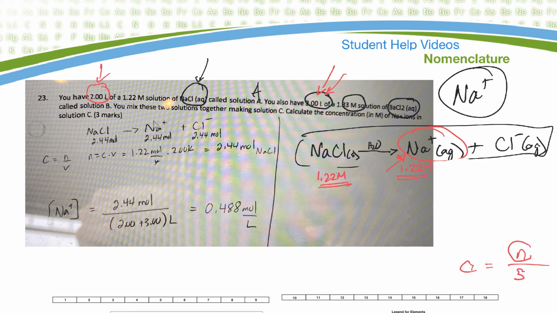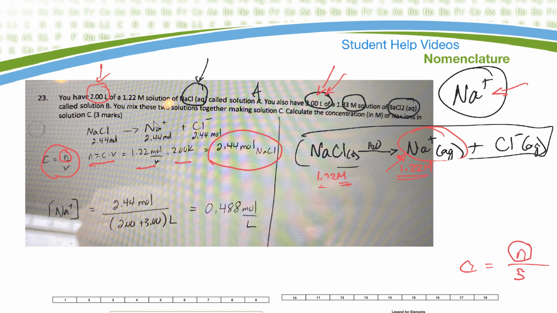So I need to find out how many moles of sodium I have, and I can do that using this formula. To figure out moles, I'll multiply both sides by volume. So if I multiply the concentration times the volume, I get 2.44 moles. That's the total number of moles of sodium chloride in the solution.